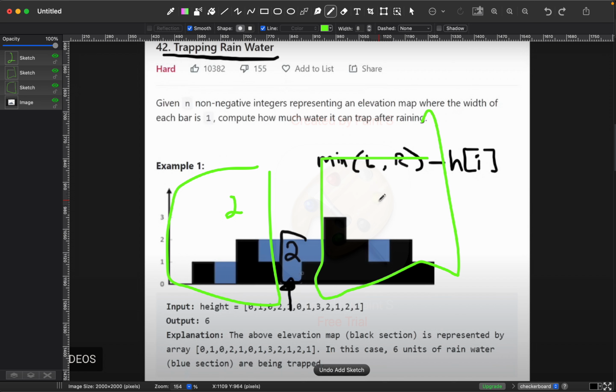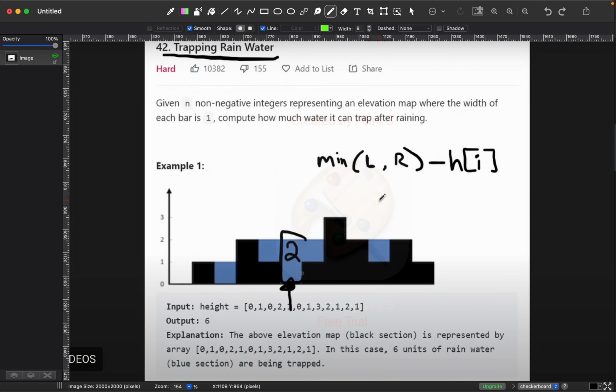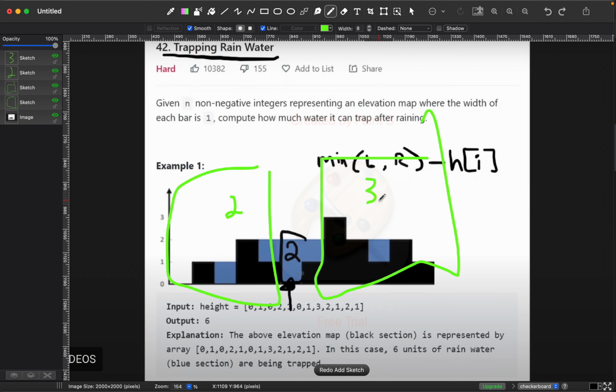The next point I actually want to talk about is why does this work? Why do we create a wall of the biggest over here and the biggest over here, and then choose the minimum of this? Let's break it down in terms of stage 1 and stage 2.